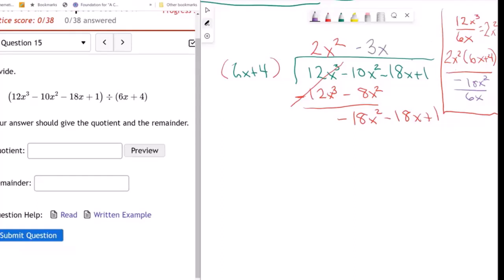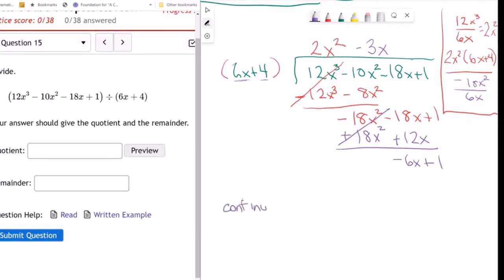And then I multiply minus 3x times both terms. Minus 3x times 6x is minus 18x squared. And then minus 3x times 4 is minus 12x. I change my signs and I add. I get minus 6x plus 1.